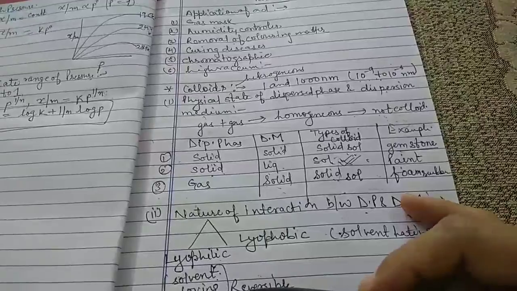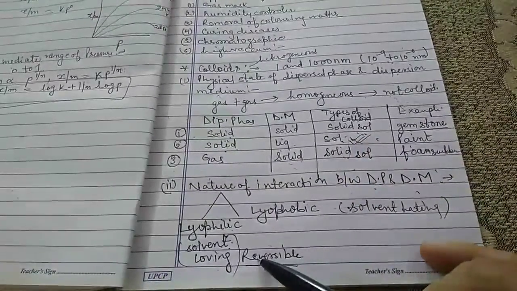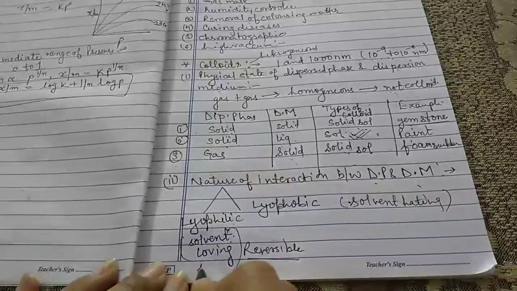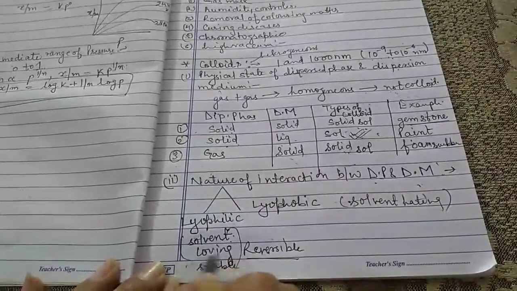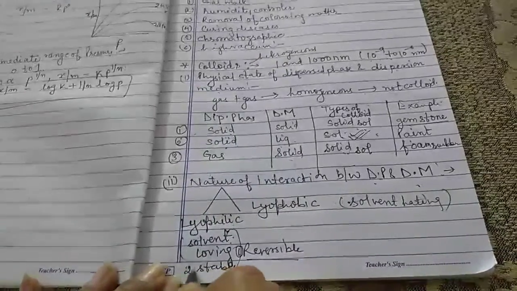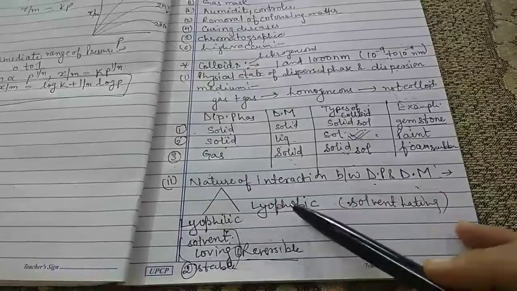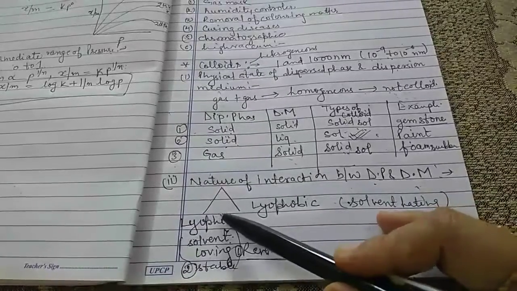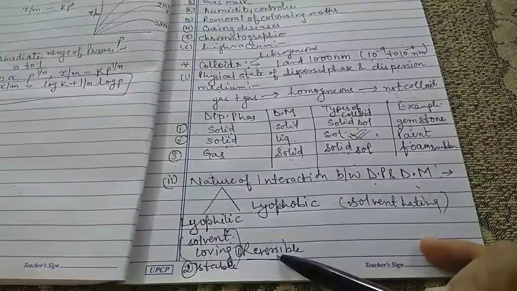These sols are quite stable. This is a property of the lyophilic sol. Another property is that they are stable, and they are reversible. This is a very important question: how will you distinguish between the lyophilic and the lyophobic? The first is that lyophilic is solvent loving. Second, lyophilic sols are reversible.